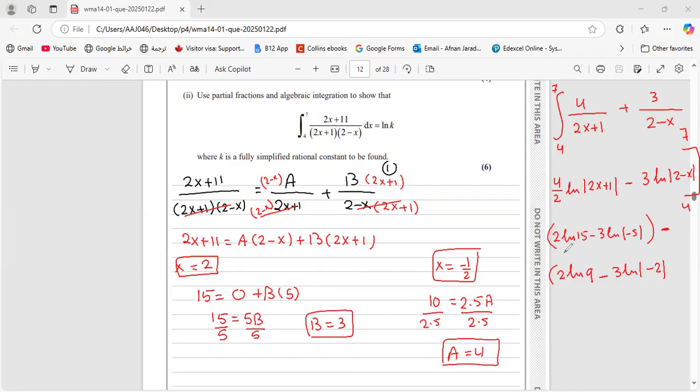So the first one will be 2 ln 15 minus 3 ln 5 minus 2 ln 9, plus, because you distribute negative for both, 3 ln 2, because the absolute value of negative 2 is 2 and the absolute value of negative 5 is 5.